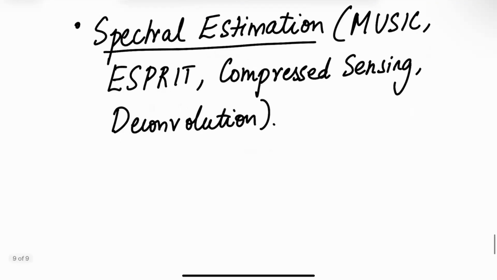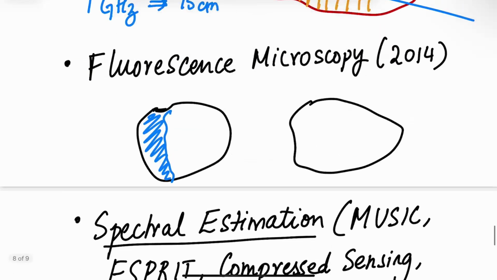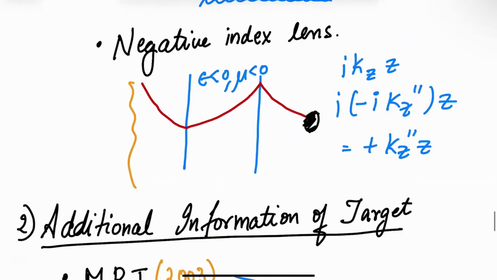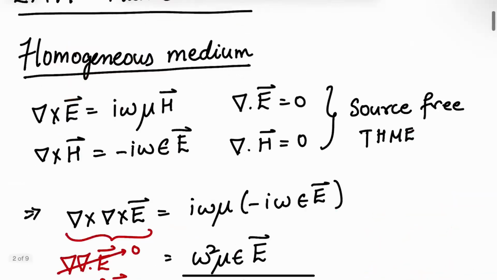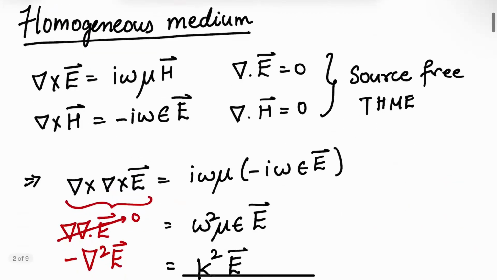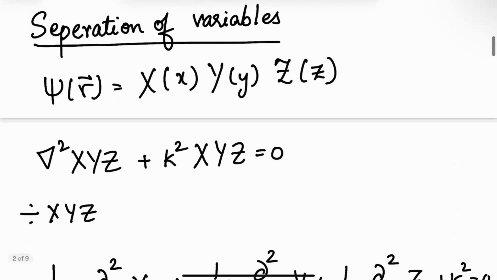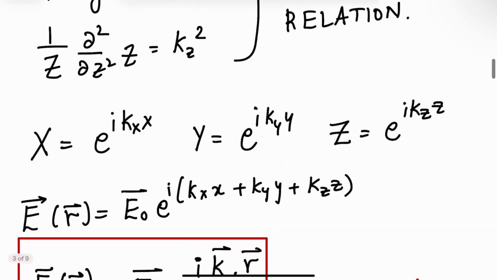Okay, so maybe we will stop here and continue plane waves in the next lecture. Just to recap, we started with a homogeneous medium, derived the wave equation, did separation of variables, and derived the dispersion relation of plane waves.